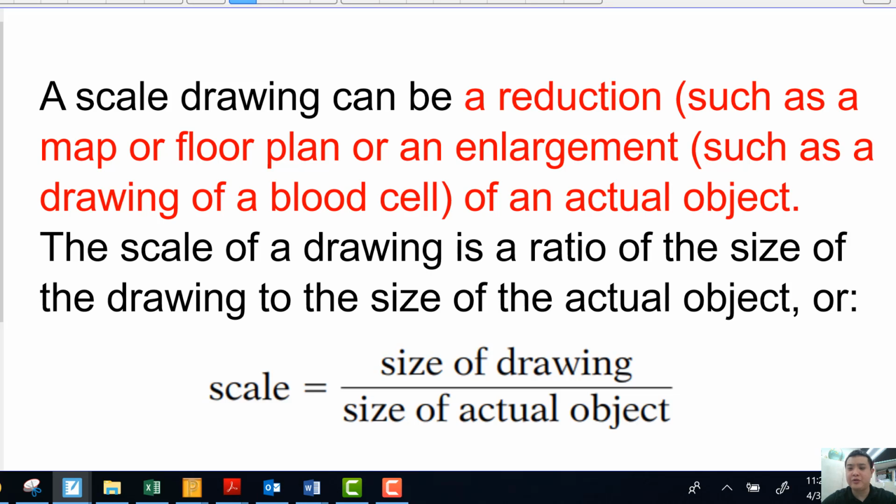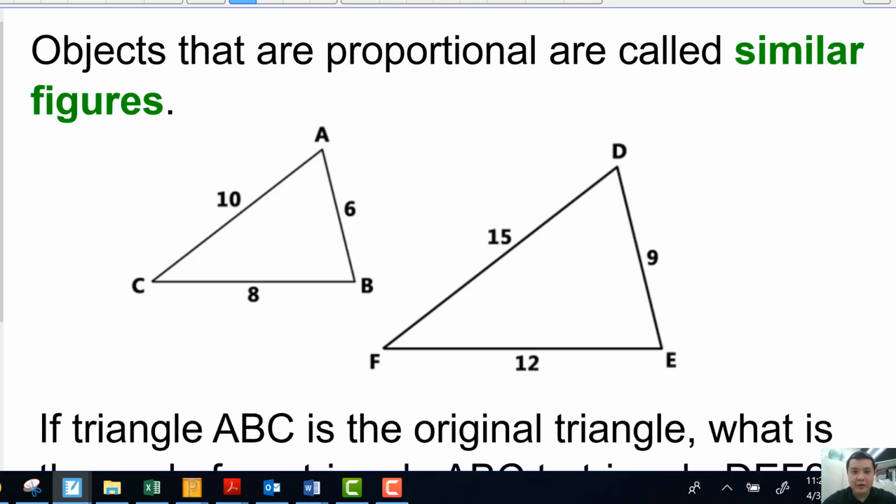The scale of the drawing is a ratio of the size of the drawing to the size of the actual object. In other words, it is the size of the drawing divided by the size of the actual object. Okay. So, over here, objects that are proportional are called similar figures.